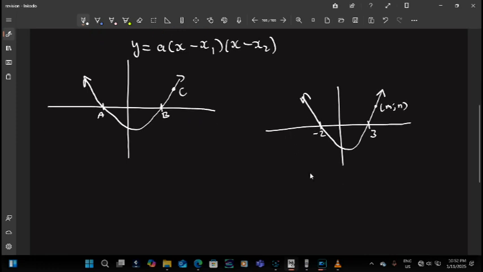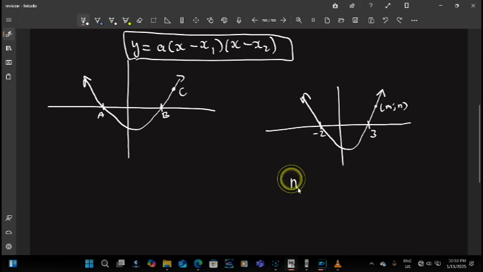So finding the equation of f, you would use this, right? So you start by saying y is equal to, you want to find a first. After finding a, everything will be sorted. So where there is y, you put the y value of the other point that you have.